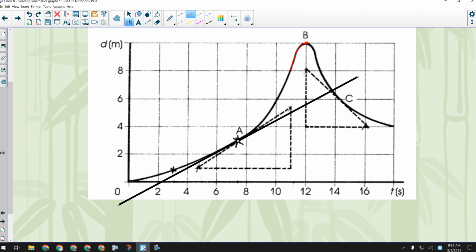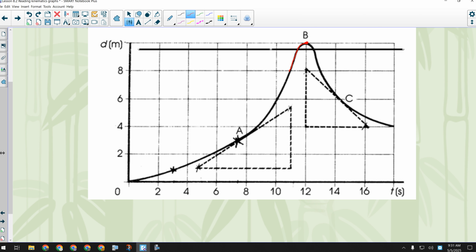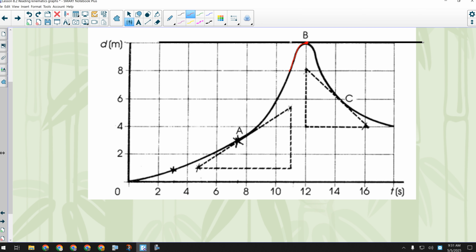Well, let's remember how we said the slope of the line is the velocity of the object? Here's that line drawn tangent to that part of the graph. What's the slope of that line? 0. So that object stops for an instant at the top of that curve.